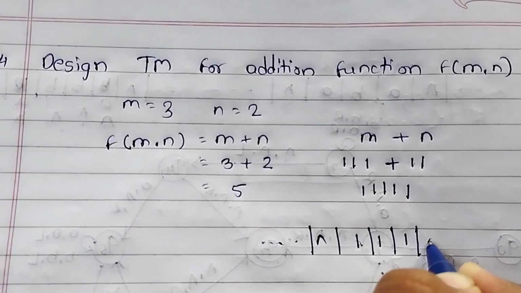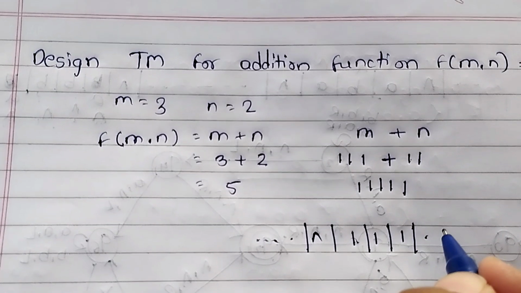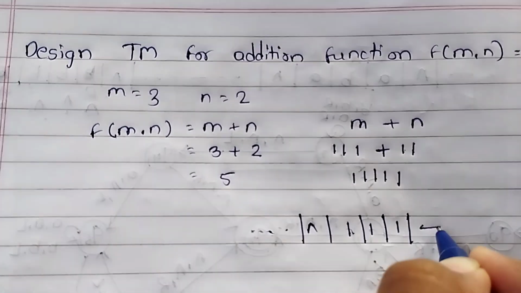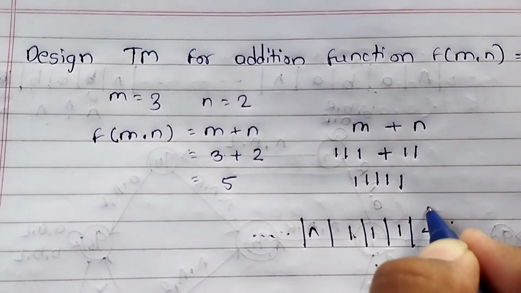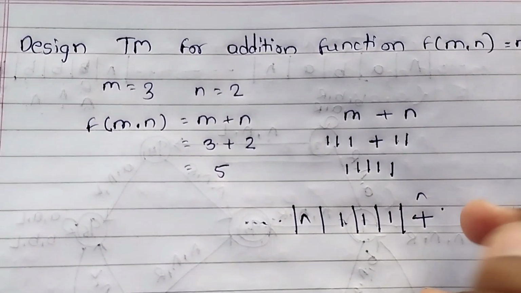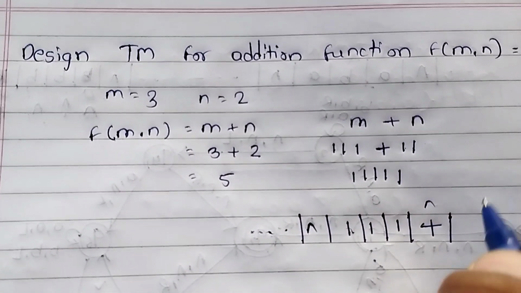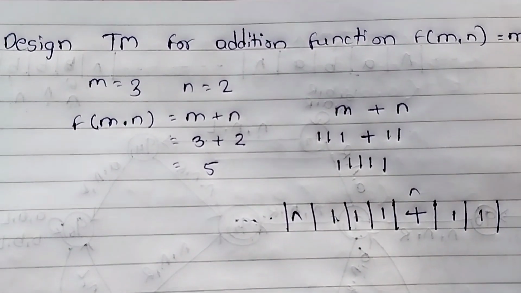Now here one symbol is present. This is either the plus or you take the null. Someone takes null, someone takes plus. If we take plus here, then it is okay. And if you take the null value, then also it is okay. So plus, then 2 ones: 1, 2.